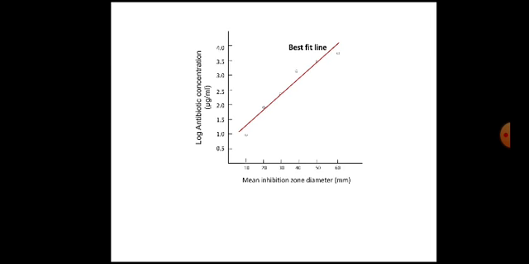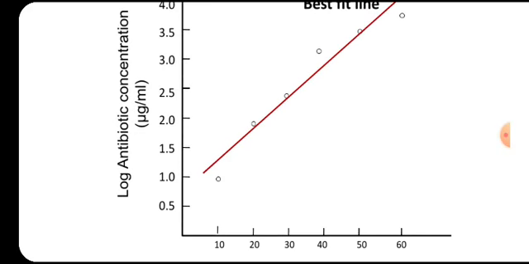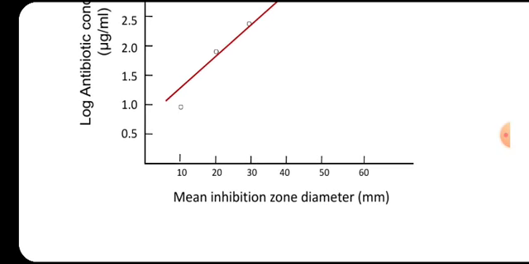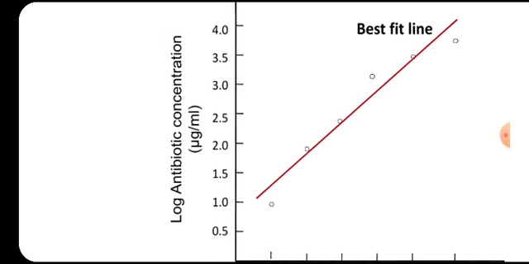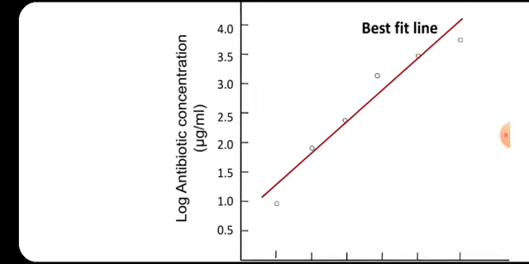Once you get this best fit line, in the earlier slide, you know the unknown diameter of the fermentation broth antibiotic. That inhibition zone diameter will be plotted onto this graph on the linear part so that you can convert this inhibition zone diameter into antibiotic concentration.